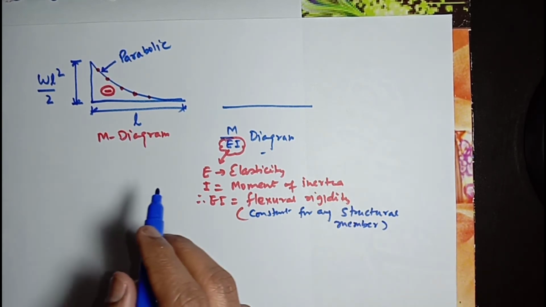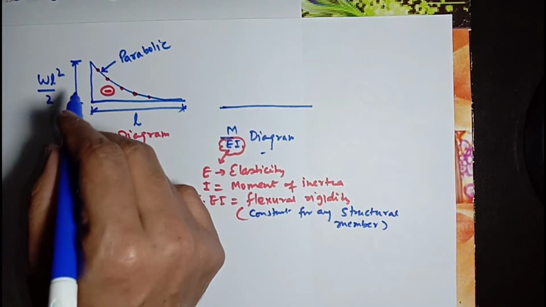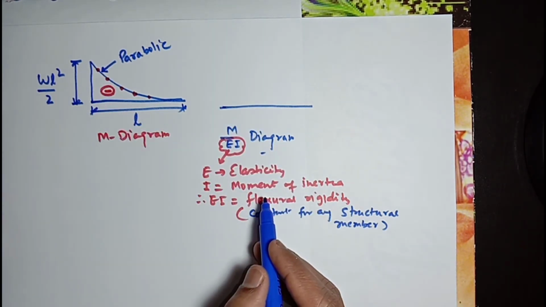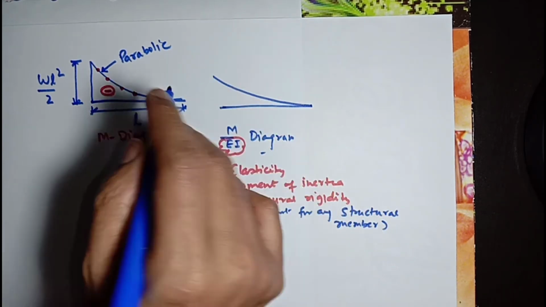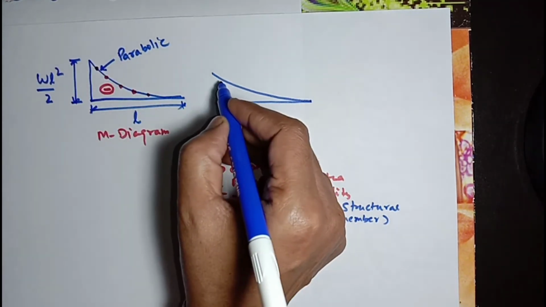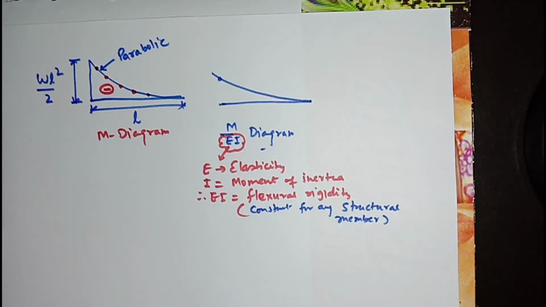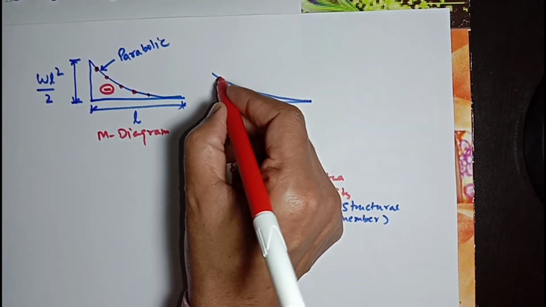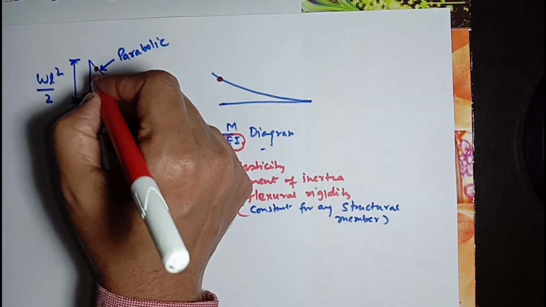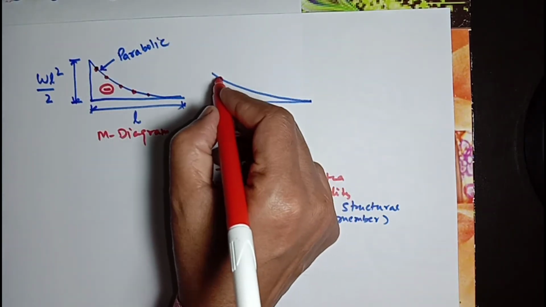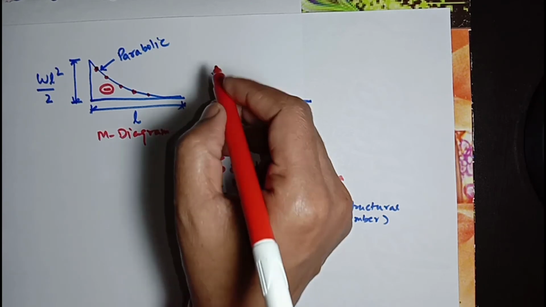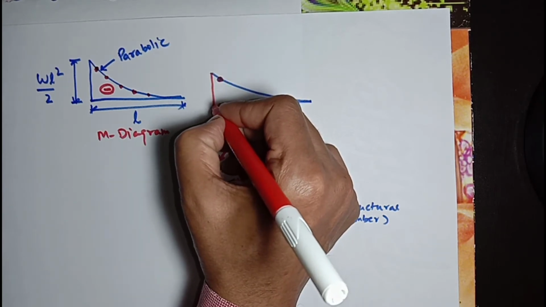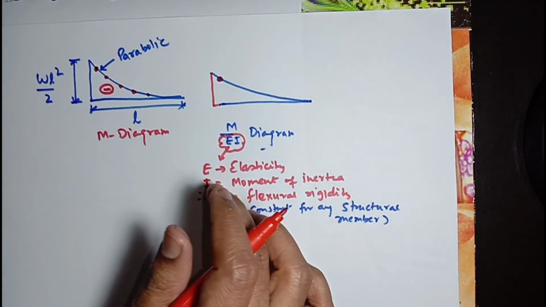Now, if we are dividing with a constant value, the profile will be the same, but the y coordinate values will be lesser than in the M diagram.